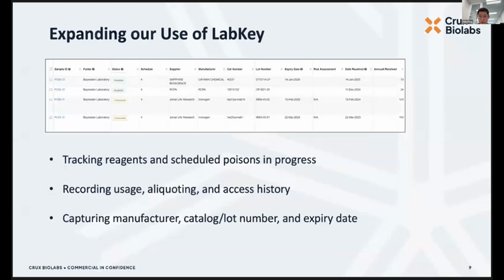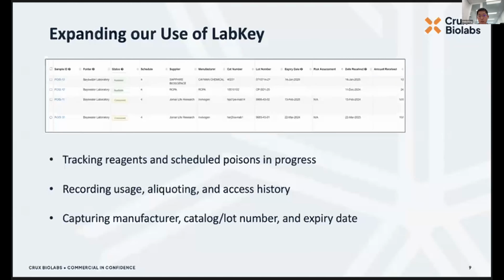We're also starting to use LabKey for more than just tracking samples. Right now, we are working on setting it up to help manage reagents and schedule poisons, things that need extra careful handling and really detailed record keeping.